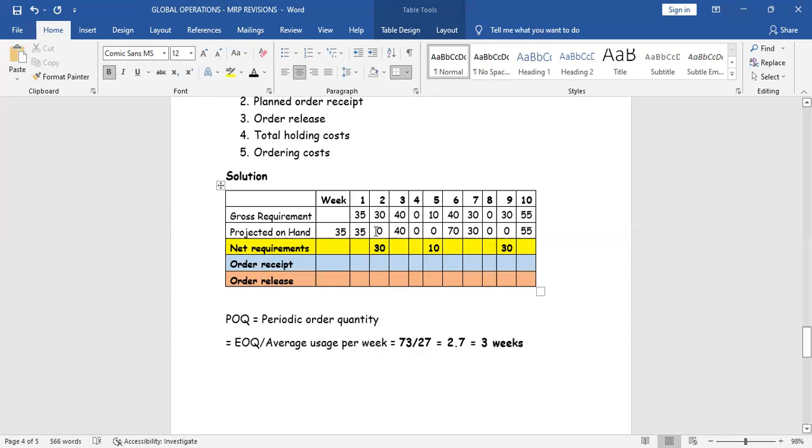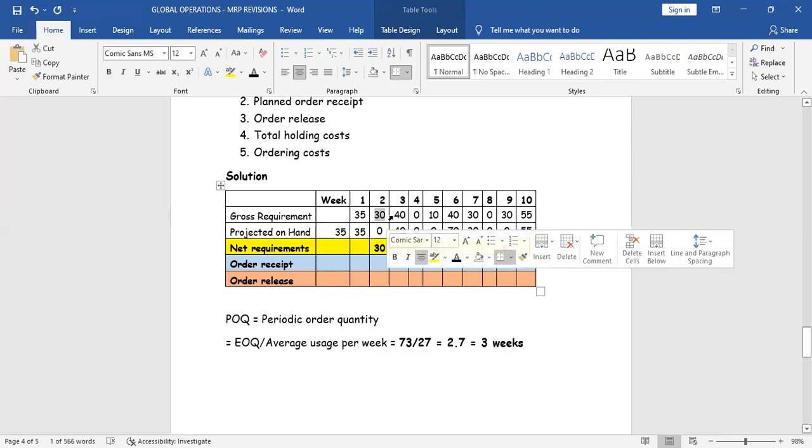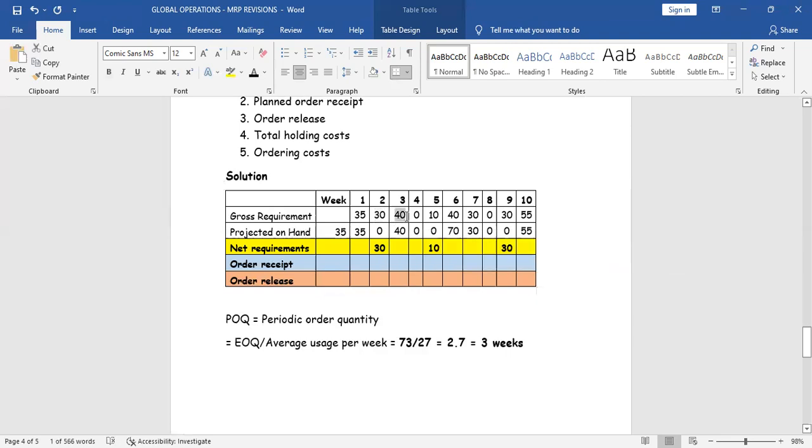So if you can see, if we add the gross requirement for week 2 itself, week 3, and week 4, when we add 30 plus 40 plus 0, it gives us 70. So 70 is what will come there.